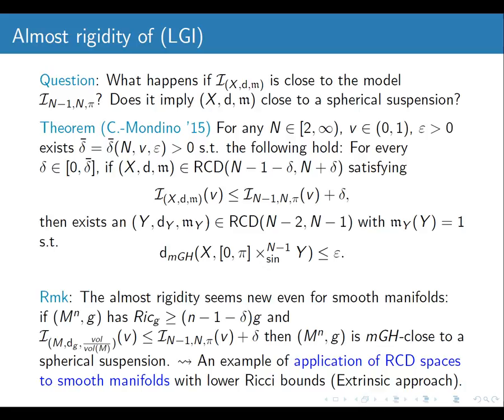Then you can deduce that your manifold is Gromov-Hausdorff close to a spherical suspension. And this was obviously not known before, because if you do not know the rigidity for the closure of your set, you cannot say anything about being close to a limit model space. So this is a kind of continuity argument. And okay, this is all I want to say. Thank you for the attention.